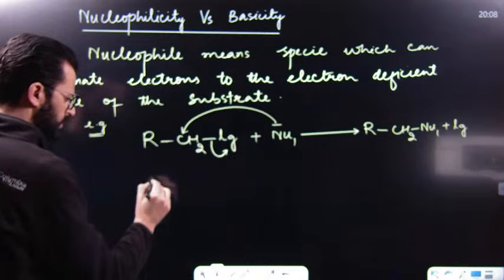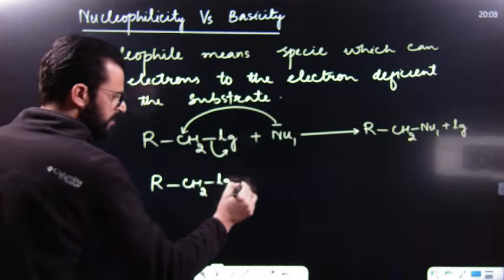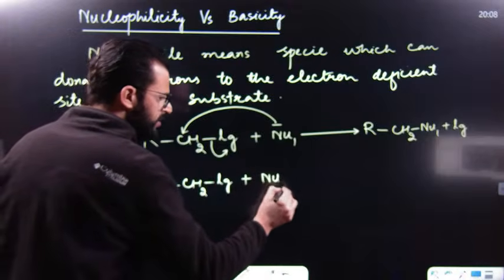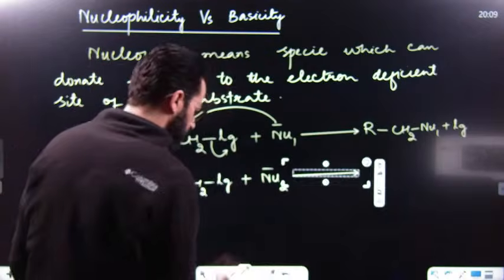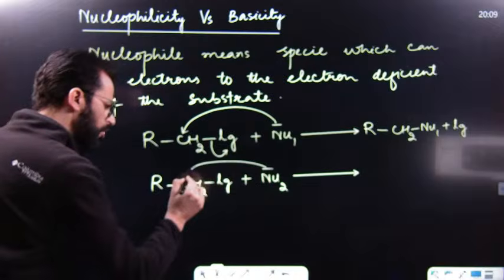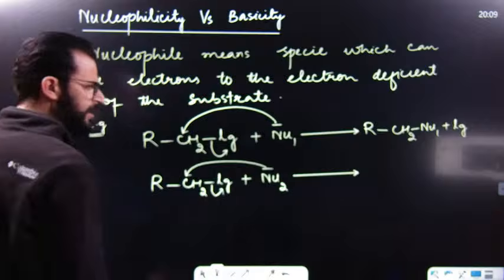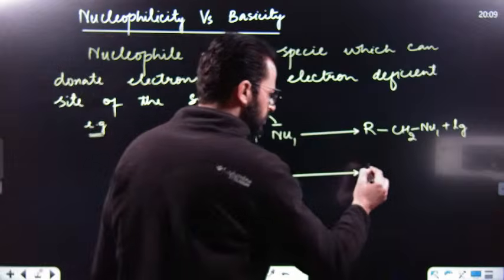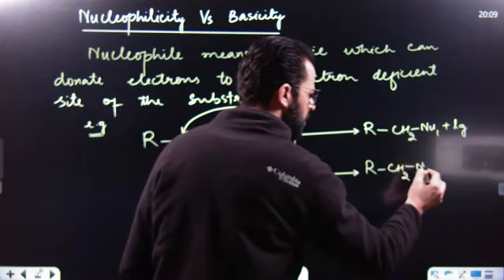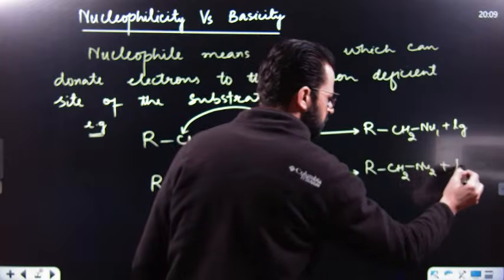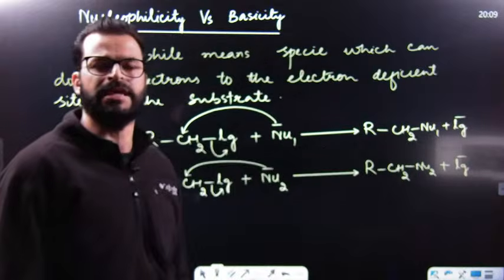Similarly, if we have a similar substrate but it reacts with another nucleophile, let us suppose Nu2 having a negative charge, this nucleophile will also donate its electrons to this electron deficient carbon, and here the leaving group leaves. So the product becomes RCH2Nu2 plus the leaving group leaves with an electron pair. That means this is having a negative charge.